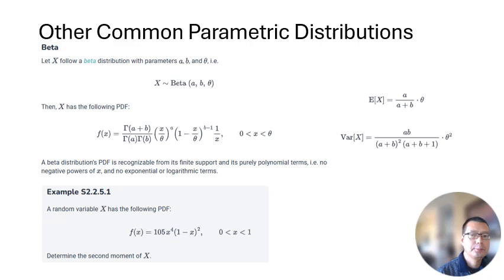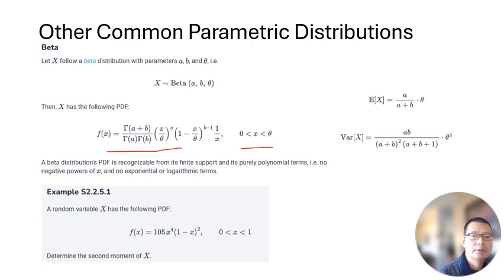The next distribution that we are going to talk about is the beta distribution. Beta distribution has three parameters a, b, and theta. It has the following PDF, and the support is 0 less than x less than theta. A beta distribution PDF is recognizable from the finite support.